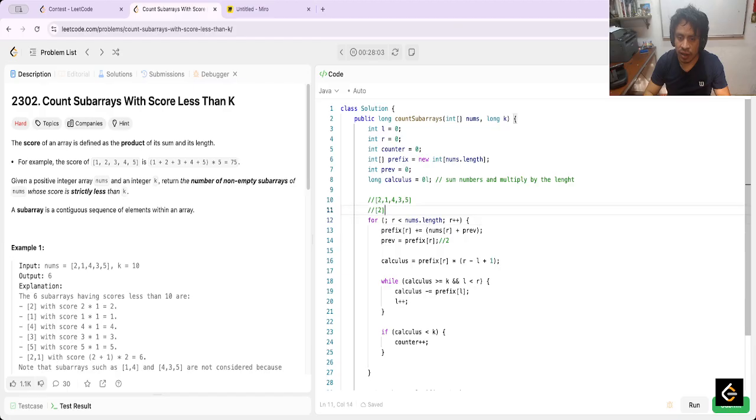Now in the next, prefix in this position is equal to nums in the position r, that is 1, plus the previous prefix, that is 2, is 3. Now in the next, prefix in this position is equal to nums in the position r, that is 4, plus 3 is 7.